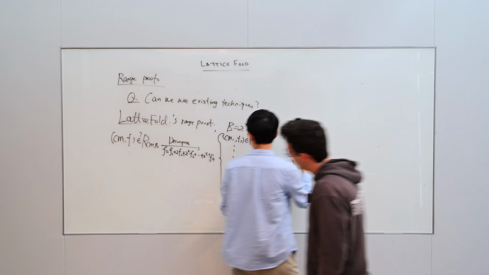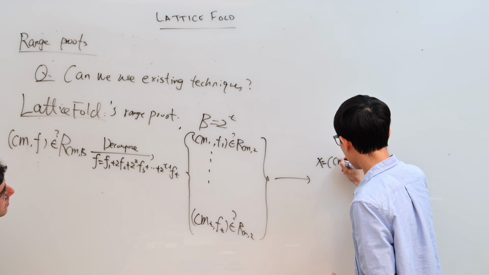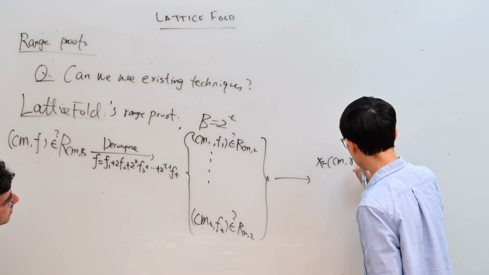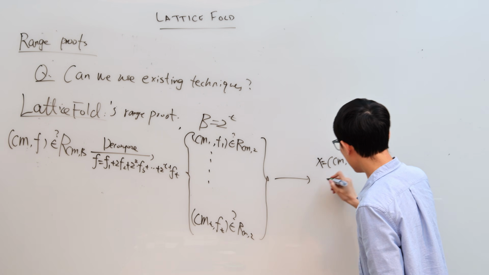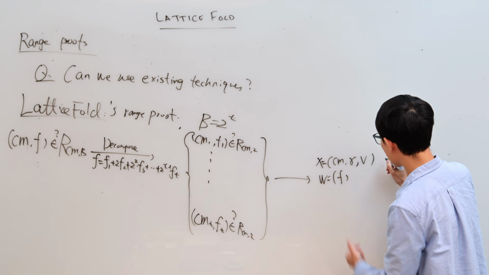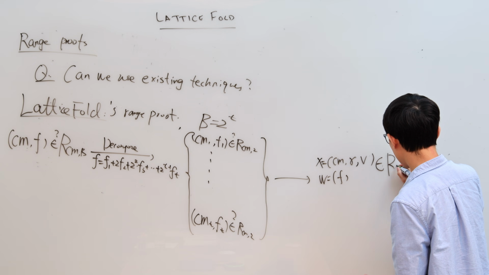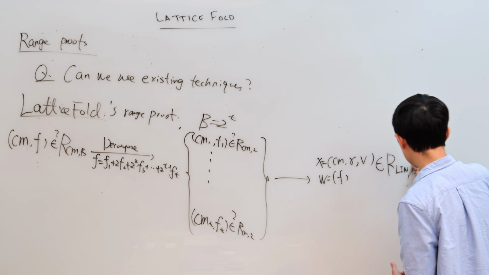So it's of the form of a new commitment CM, and some other values, like R, which is a vector, and V, which is a value, and W is some new vector f, such that this (X, W) is in some new relation called R-lin, or maybe not B right now.